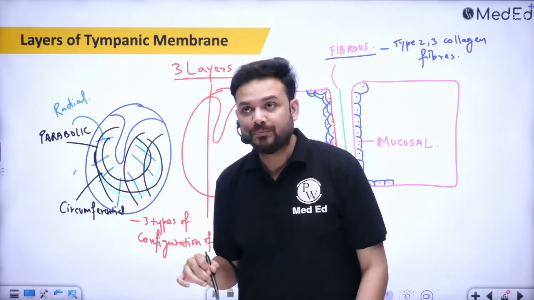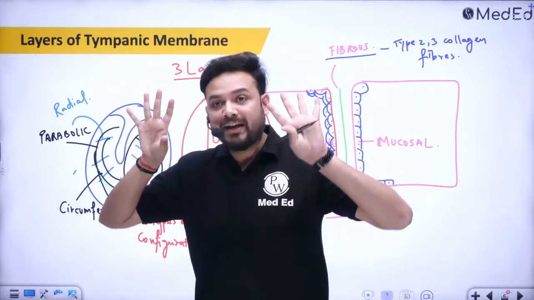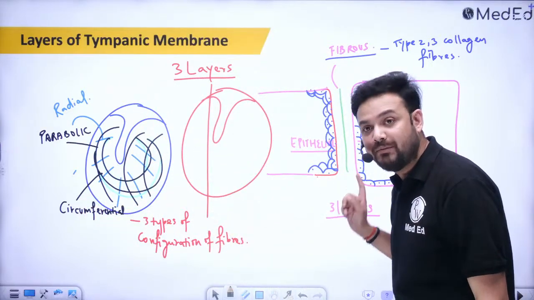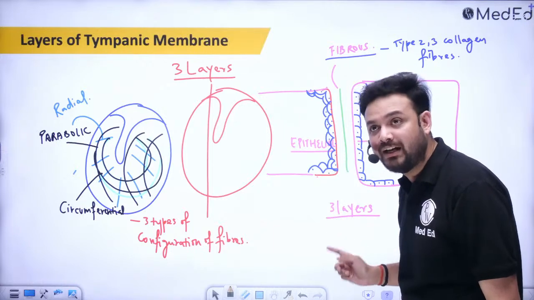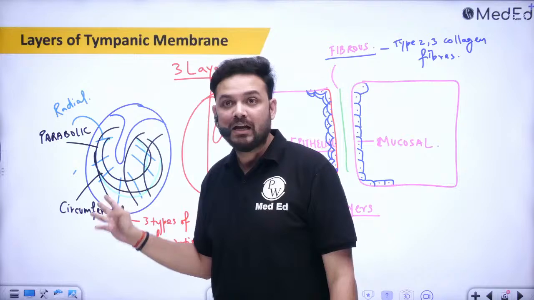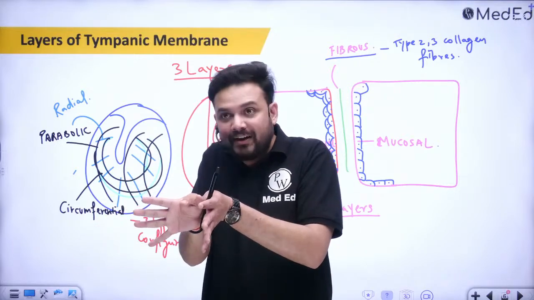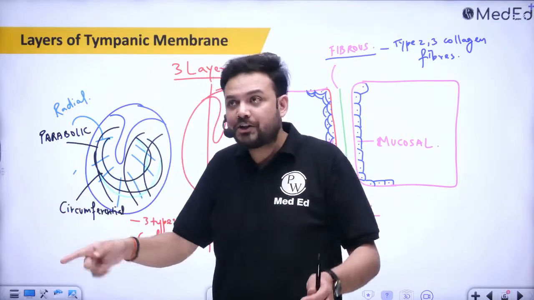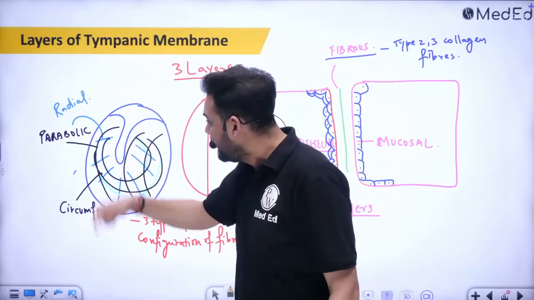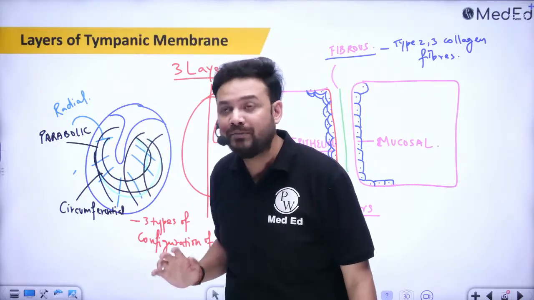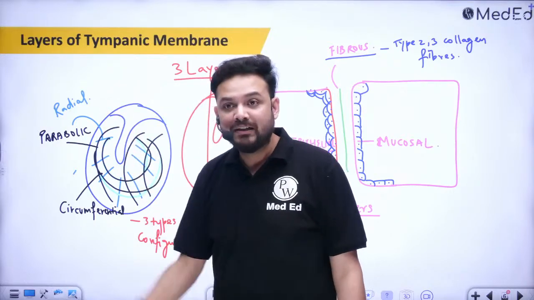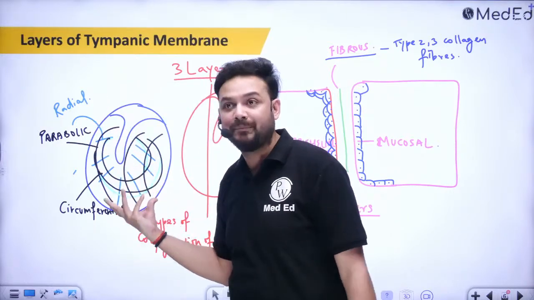So what did I tell you? That the fibrous layer of my pars tensa, or the fibrous layer of the tympanic membrane, contains 3 configurations of fibers. One configuration is coming out in a radial direction. One configuration is coming out in a circumferential direction, a circle, and the other one is coming out longitudinally in the form of a parabola. जिसे हम बोलते हैं parabolic fibers, circumferential fibers, as well as radial fibers. 3 तरीके के fibers हैं within this pars tensa.